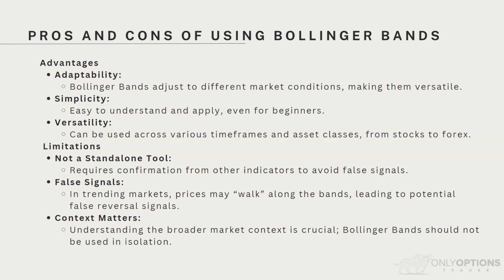It gives you false signals because in trending markets, price may walk along the band. That's what I'm saying, that I surfed along the band. This leads to potential false reversal signals, because we might think that when it goes outside the Bollinger Band, oh, this is a reversal, I'm going to grab puts if we're going up. And then all of a sudden, it just keeps on going up outside the Bollinger Band.